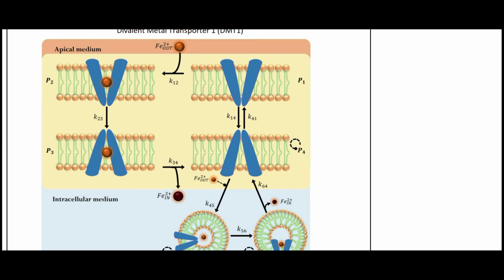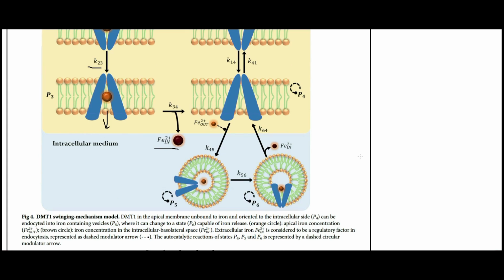And so we see we have these Fe2+ outside in the intestinal lumen there, and that binds onto this DMT1 here, which then undergoes a conformational change so that it can let the iron out right there, and so that lets it out inside there.